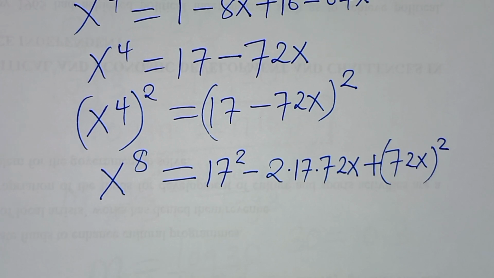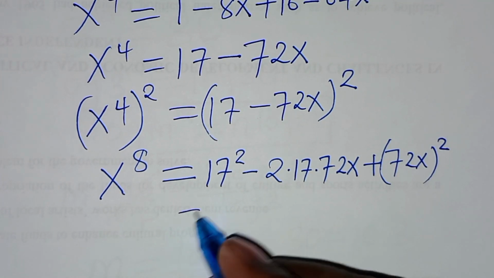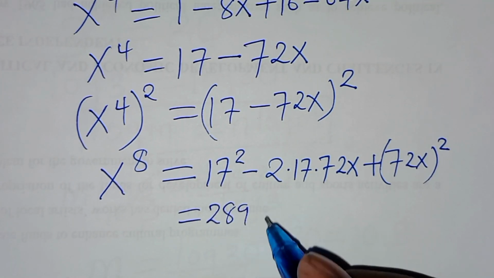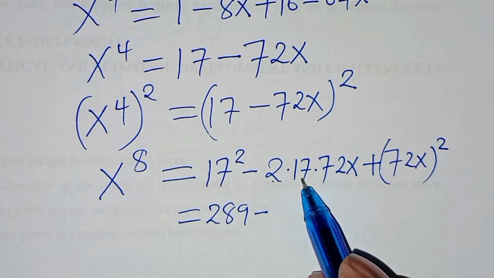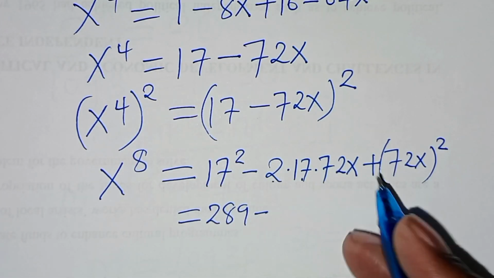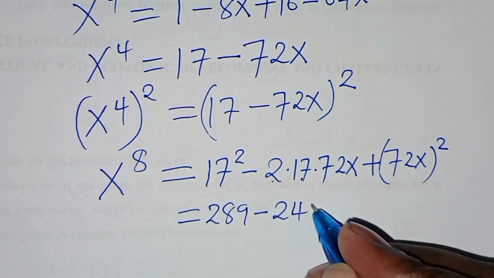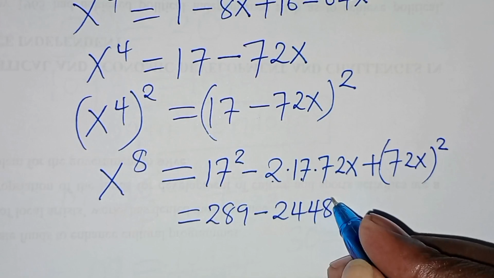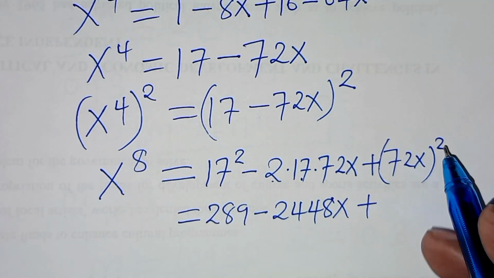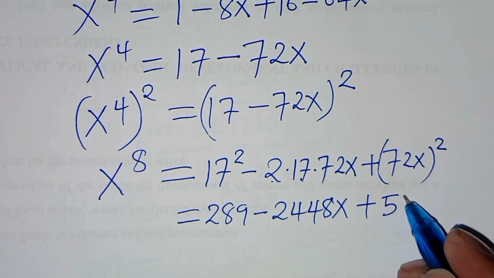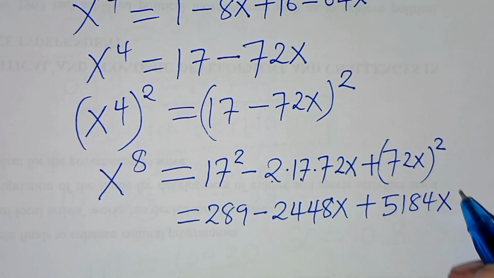So we have that 17 squared is the same thing as 289. Then subtract 2 times 17, that is 34, times 72, so here we have 2448x. Then plus 72 squared, this is the same thing as 5184x to the power 2.